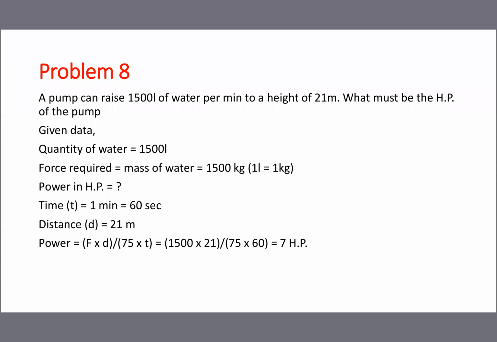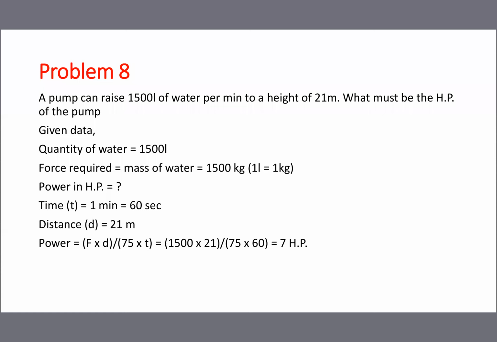Power is equal to force into distance divided by 75 T. So 3 data: force, distance, and time. Check whether the data is clearly given or not. Find the data very, very carefully. Force data: quantity of water 1500 given. Force required is equal to the mass of water. 1500 liters given is taken as 1500 kg.